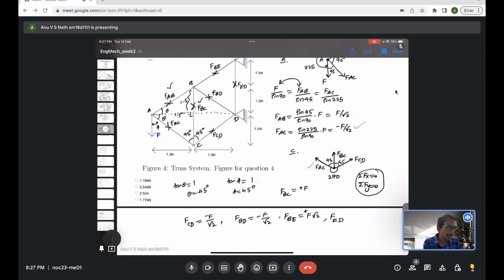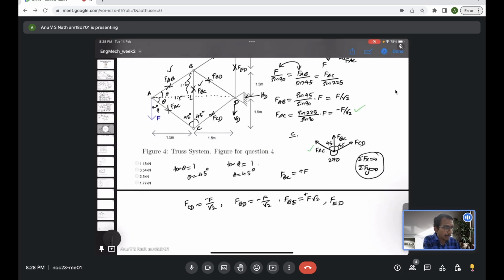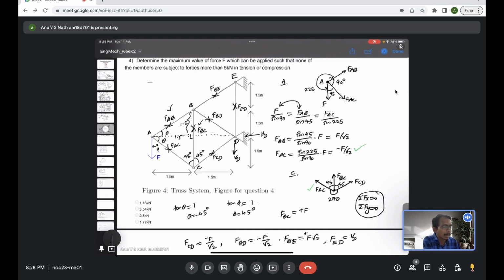which you cannot evaluate at this moment, because you have support reactions. If you assume there is a horizontal reaction and a vertical reaction at D, then you will find the force FED should be equal to VD itself, the vertical reaction at D, which you cannot evaluate explicitly, because there are four unknowns in terms of the support reactions.